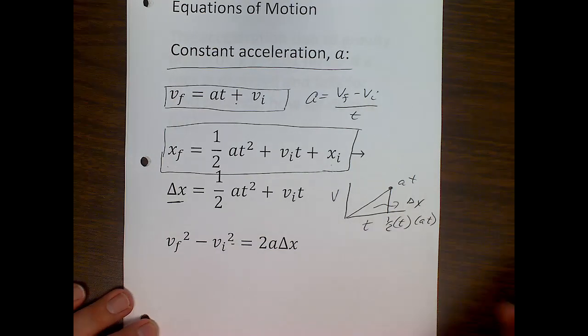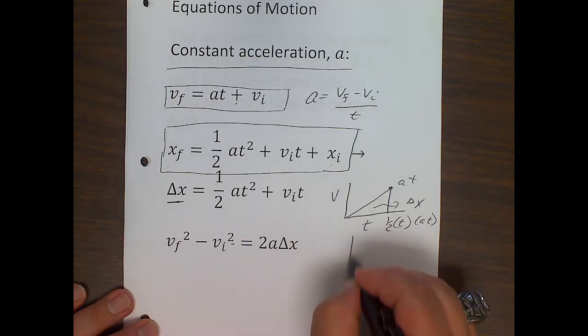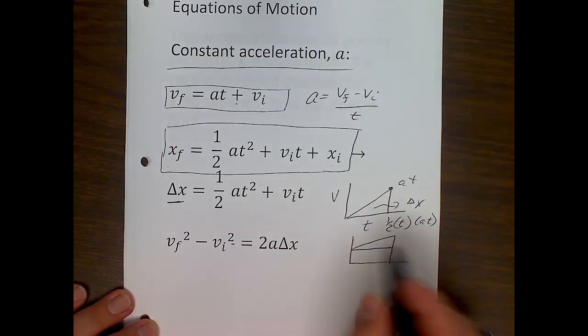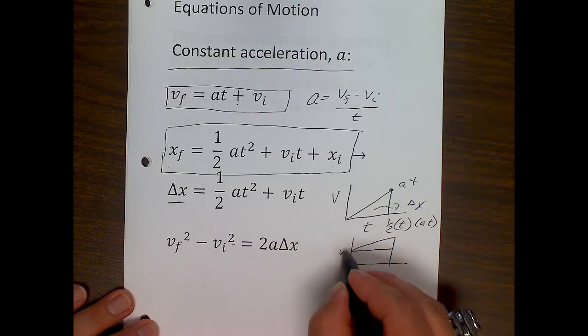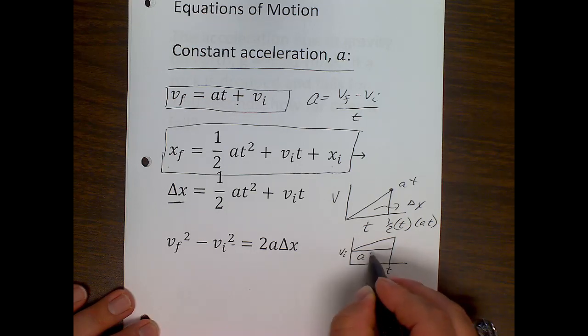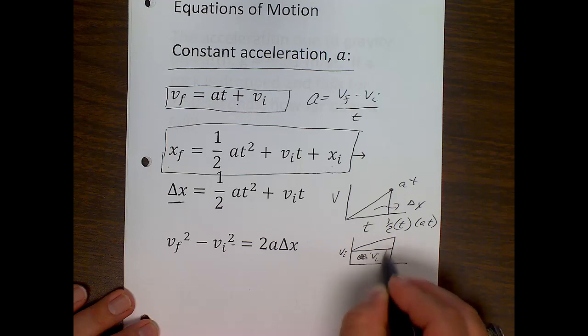That's if you start at rest. If you're starting from something other than rest, it's the same idea, but now this is your initial speed. Here is your time. So now we have in this term, Vi t.